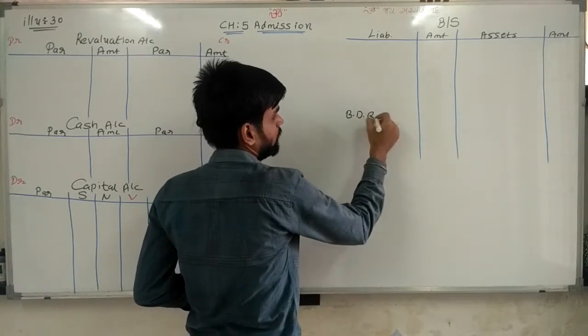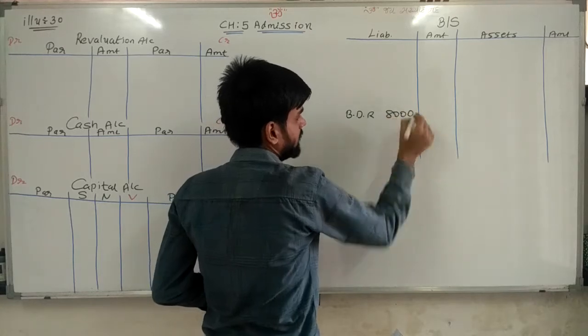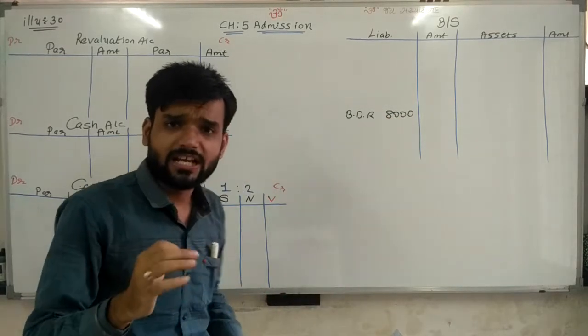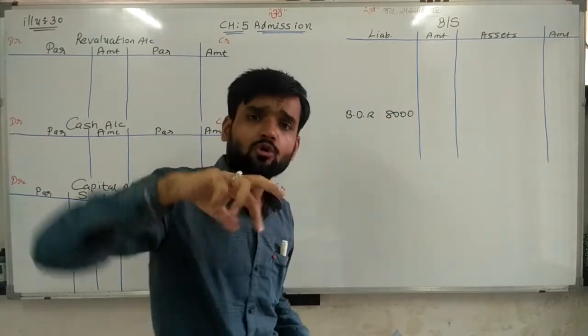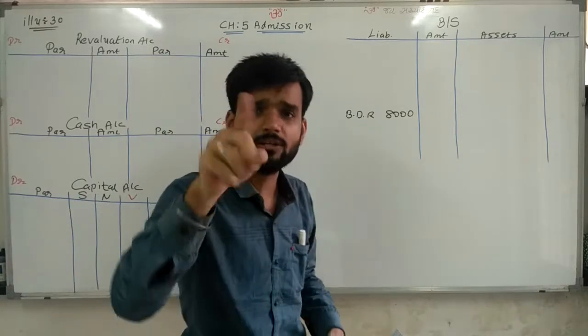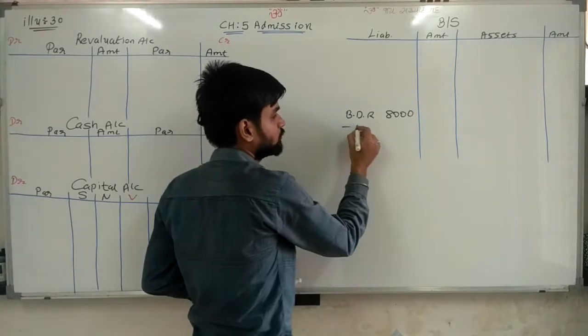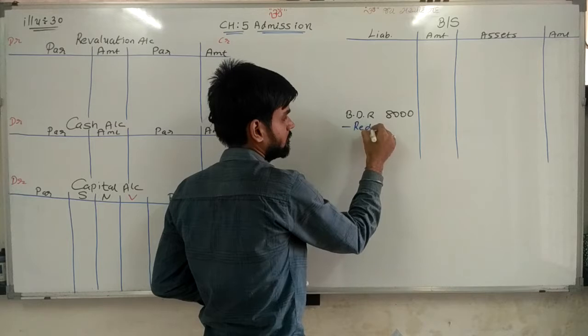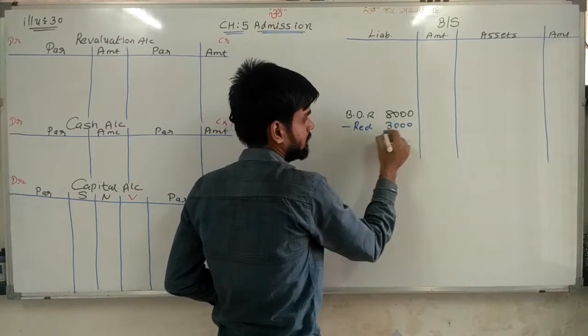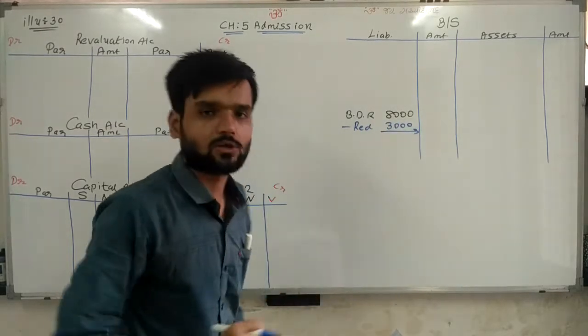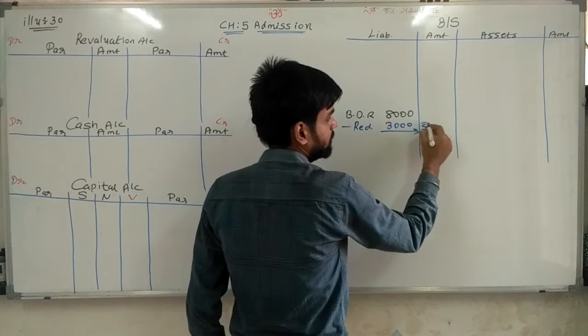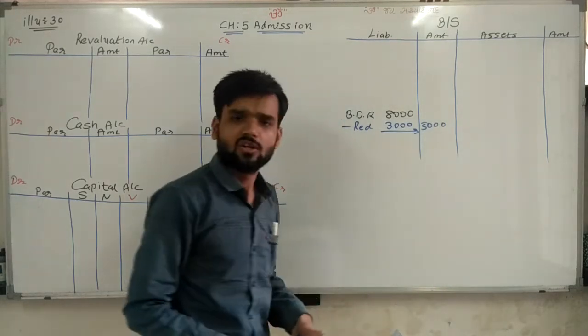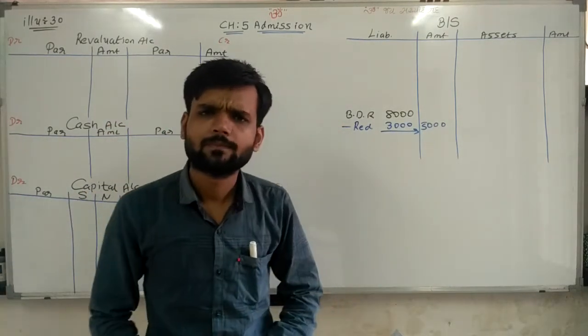In the balance sheet, bad debt reserve is given as 8,000 rupees, but now the new bad debt reserve is 5,000. It means 3,000 rupees reduced in bad debt reserve. So in the outer column I can write 5,000. Simple one.